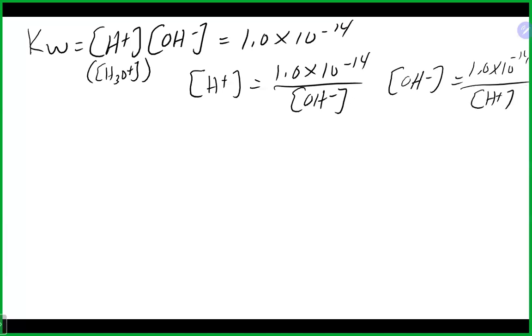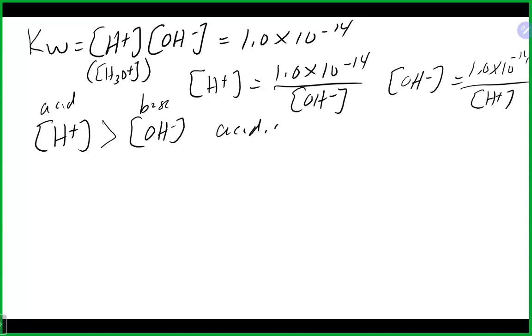We can use the result of this to help us determine if a solution is acidic, basic, or neutral. If the H plus concentration, which is really the acid part, is greater than the OH minus, which is the base part of the solution, then it's going to be an acidic solution.